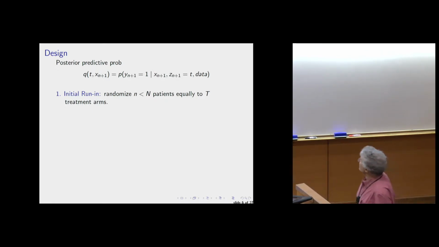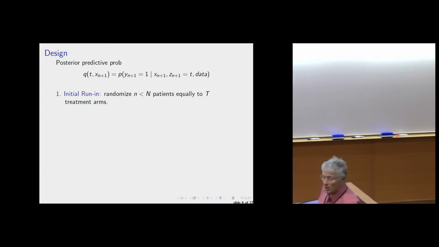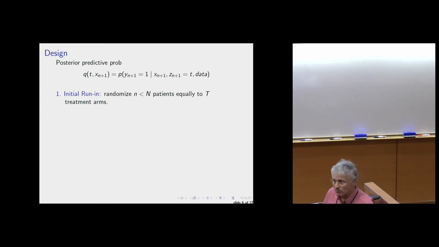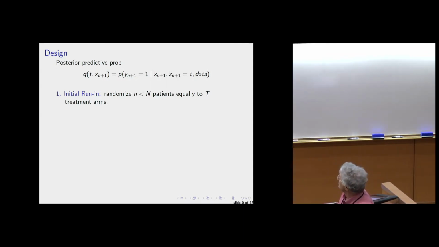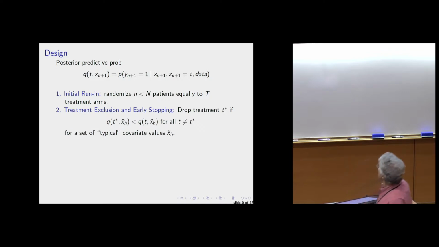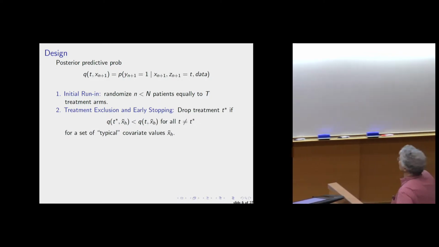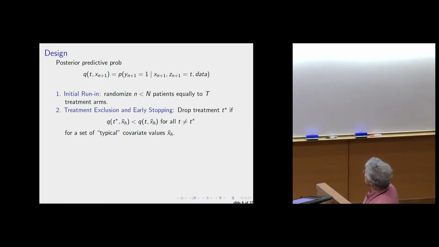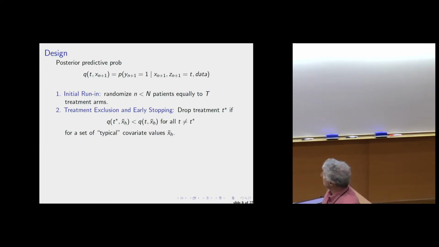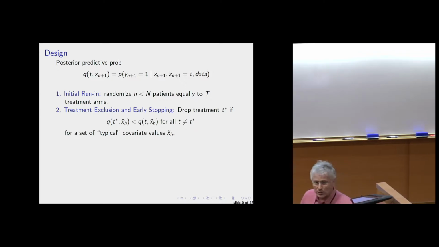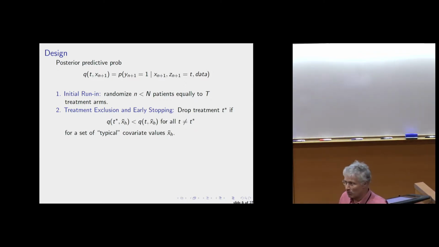For an initial run-in of a certain number of patients, we allocate equally to all treatment arms. So that gives us some initial data set. Then the usual kind of rule of stopping an arm for futility. If an arm looks really bad in terms of posterior predictive probability, you should not continue allocating to it, which we formalize here.